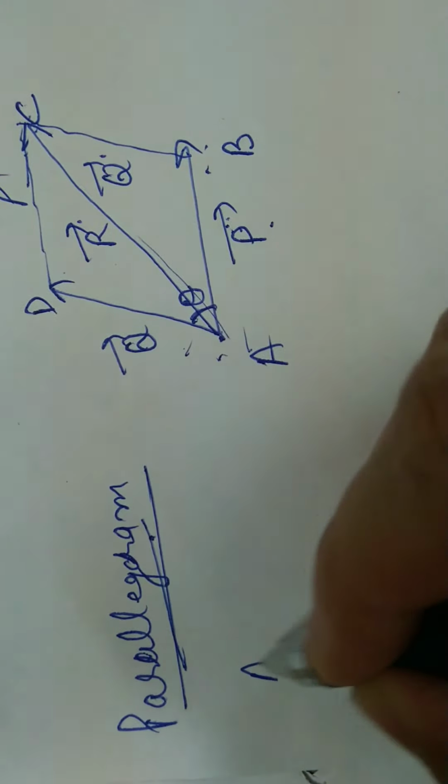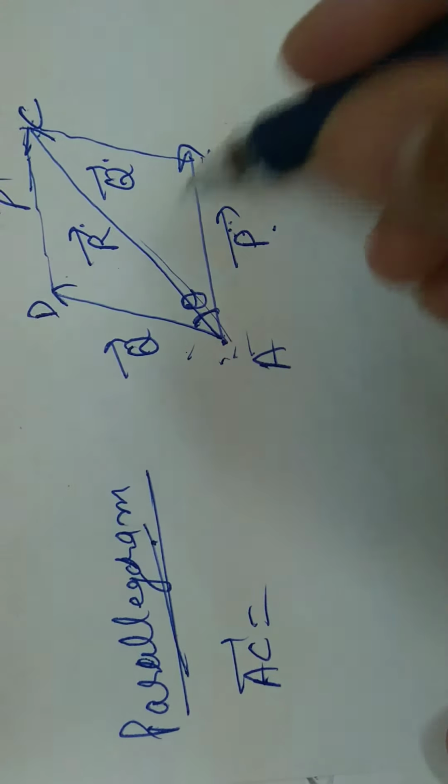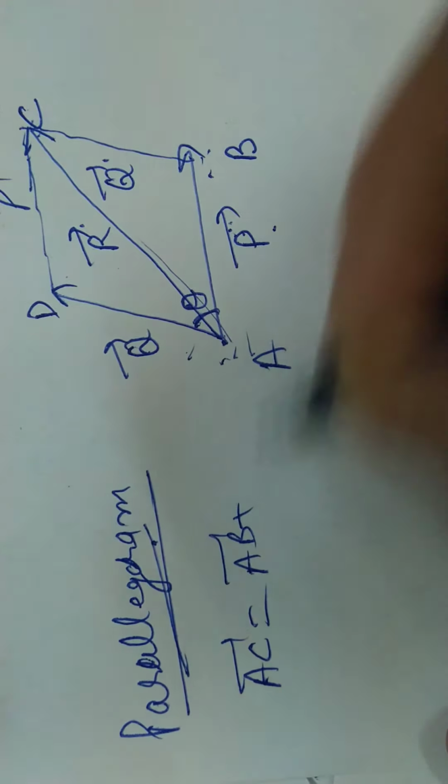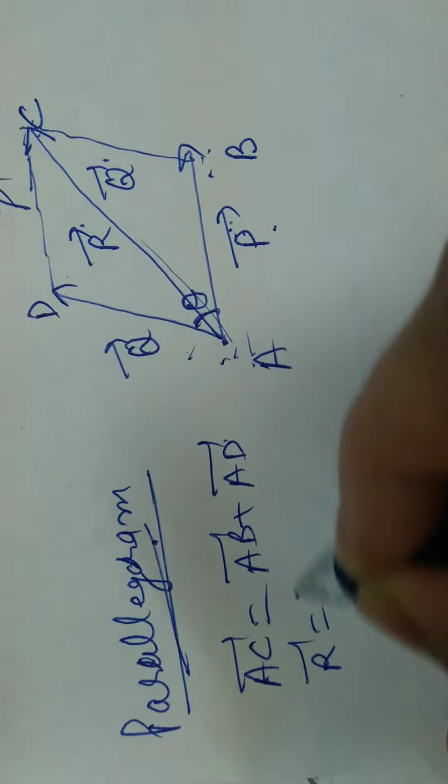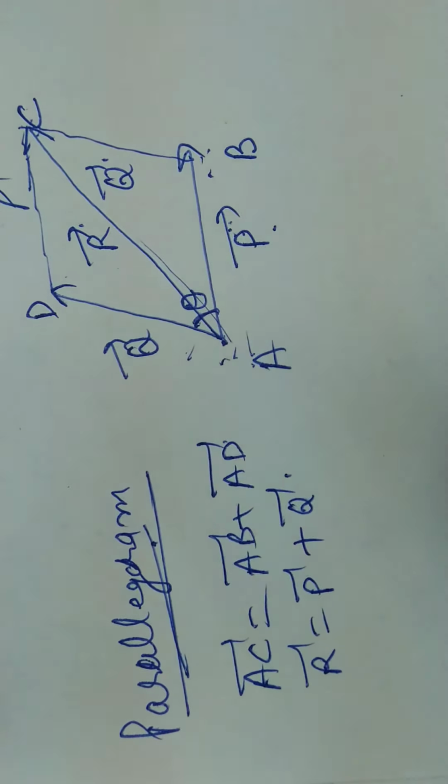AC vector, the diagonal, is AB vector plus AD vector, so again the R vector is P vector plus Q vector.